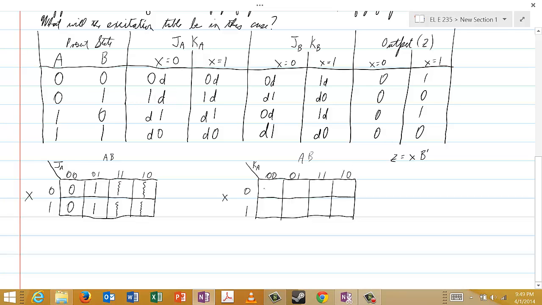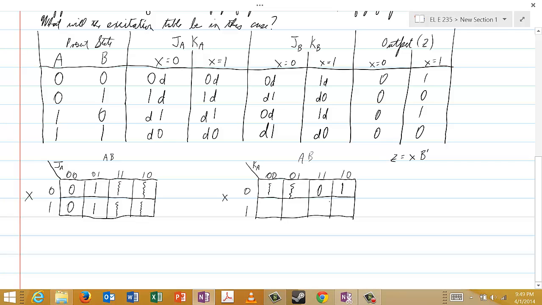So we'll get a squiggly 1 here and a squiggly 1 there. Now when A is 1 and B is 0, we want KA to be 1. So we come over here, A is 1 and B is 0. That will give us this 1 here. And then finally, when A and B are both 1, we want KA to be 0.